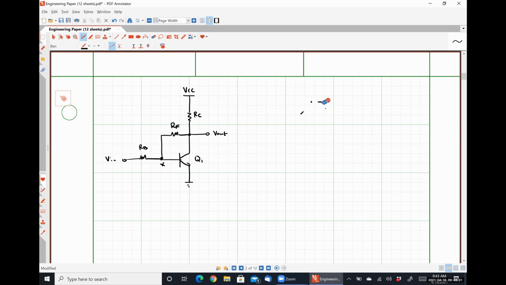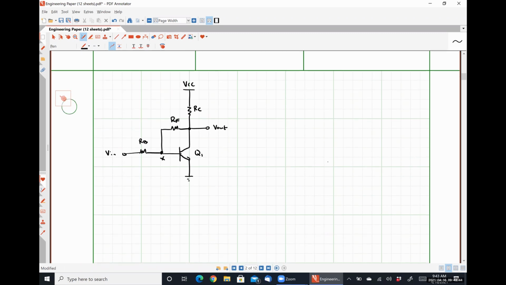So we are going to make an assumption here. The first assumption that we are going to make, if my pen will write, is that VA is equal to infinity, so that we can ignore the early effect, although in this particular problem, it's not going to be that much of a pain in the butt if we had included it.